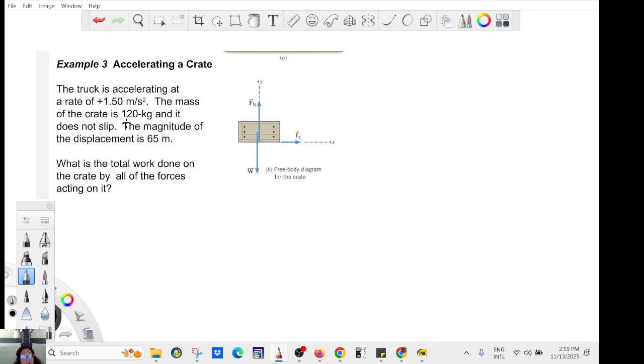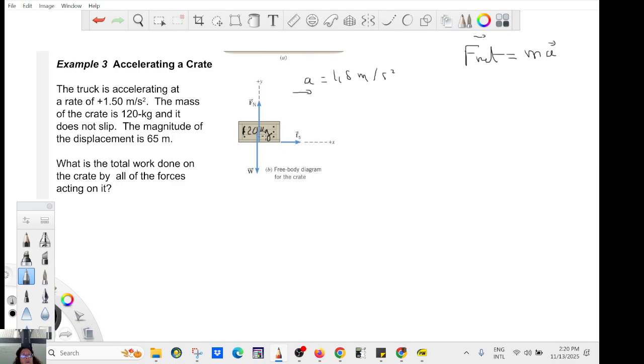Okay, so the acceleration here is 1.5 meters per second squared. You have the mass. The only force that will be providing the acceleration, remember that the net force equals ma. So if there is an acceleration, there is a net force. The only force in this direction will be the static friction here.